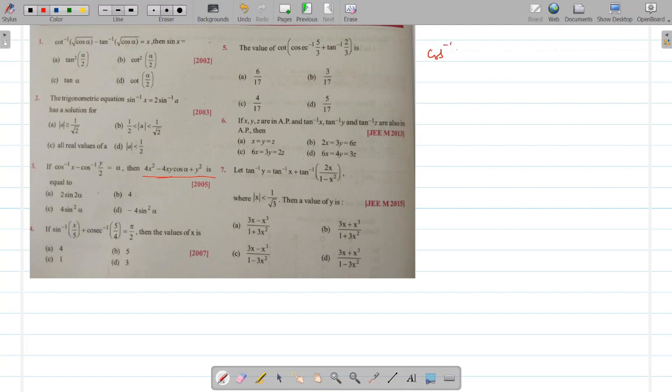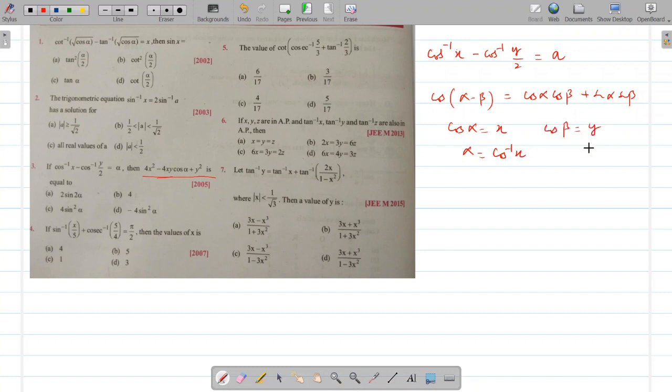The cos inverse of x minus cos inverse of y by 2 is equal to alpha. So we know that cos of alpha minus beta is equal to cos alpha into cos beta plus sin alpha into sin beta. So if I take cos alpha equal to x, we can write alpha equal to cos inverse of x. And if we take cos beta equal to y, this formula I am deriving for you, and beta is equal to cos inverse of y.